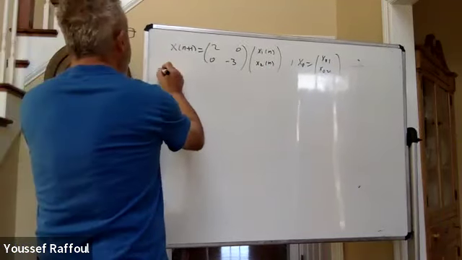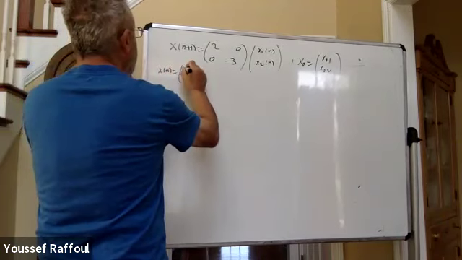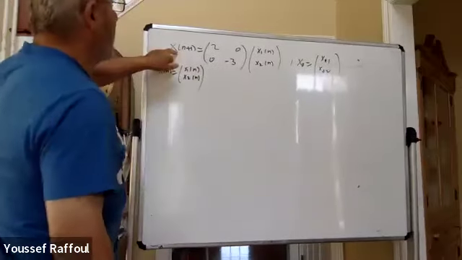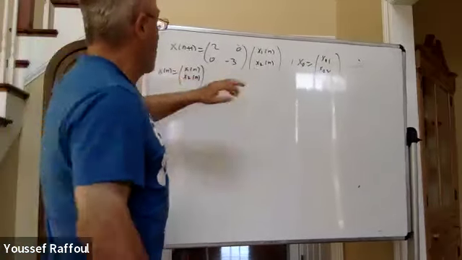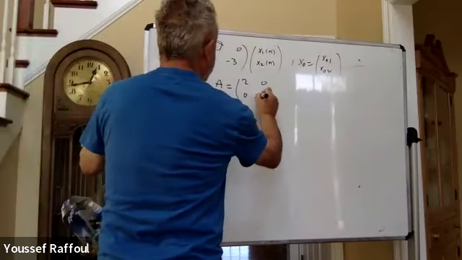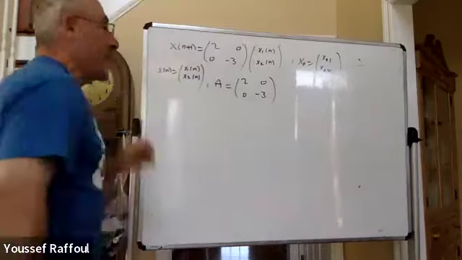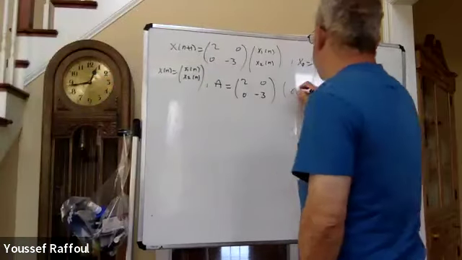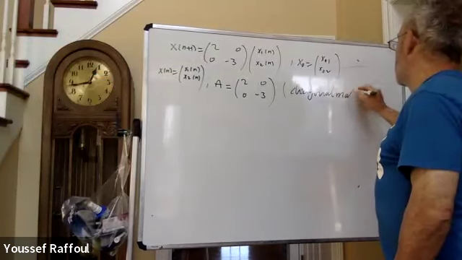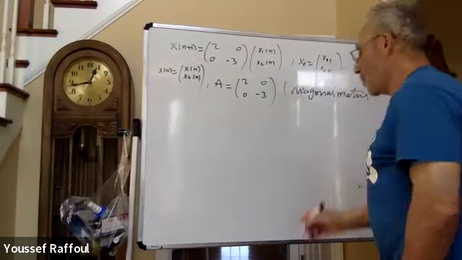So here x_n is x1 of n, x2 of n. So this is a vector. So A is 2, 0, 0, minus 3. It's diagonal. So note that this is a diagonal matrix.